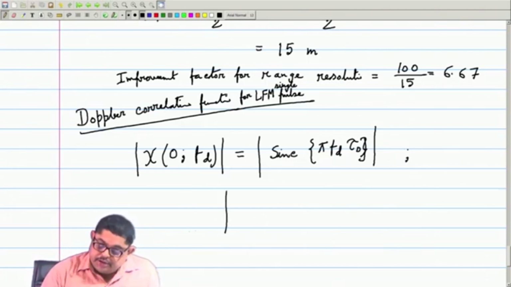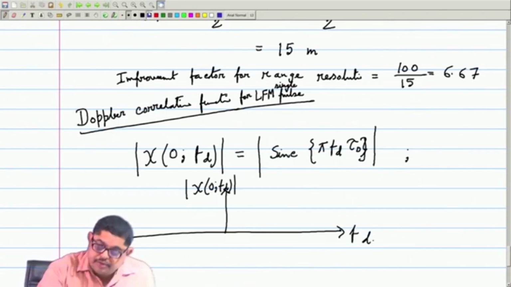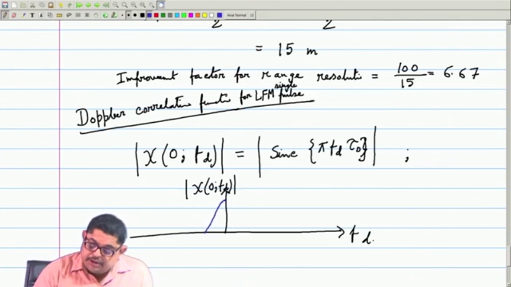That means if I plot this versus f d, the plot will be a sinc function.